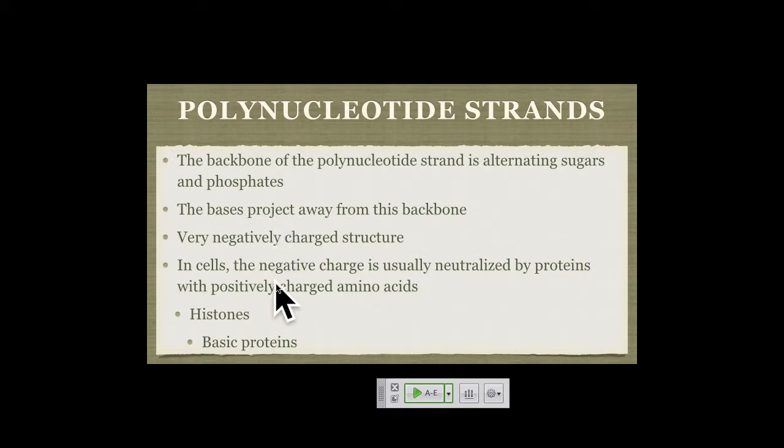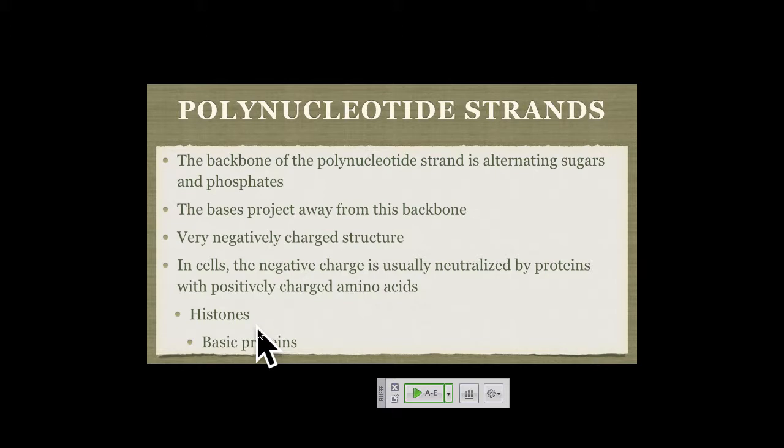As I said, at physiological pH you have one phosphate at every phosphodiester bond, so you have this recurring negative charge on every phosphodiester bond. You've got the two strands, so you're going to get a repulsion from that charge. To help stabilize that, we need to neutralize that negative charge. In cells, this is done by the histone proteins, at least in eukaryotic cells.